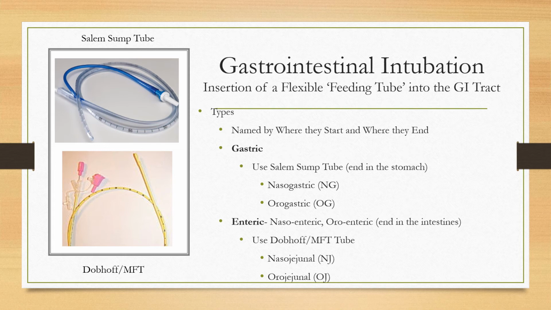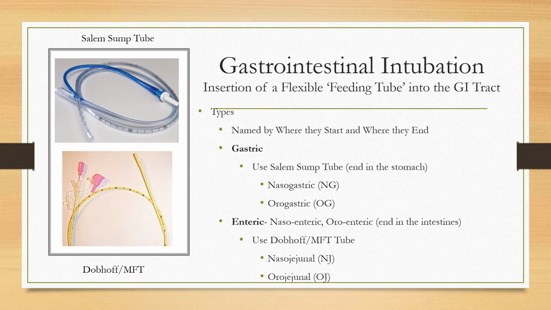The second lumen is to allow air to go down to make it easier for the suction to work and to suck up material. Their main role is for gastric suctioning and decompression. Could they be used for feeding or administering medication? Sure, they could, okay? So let's go and look at the next one.